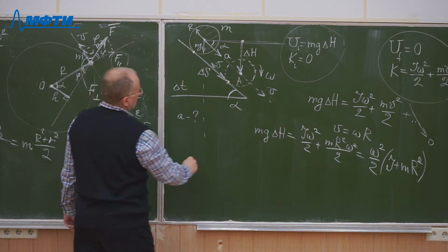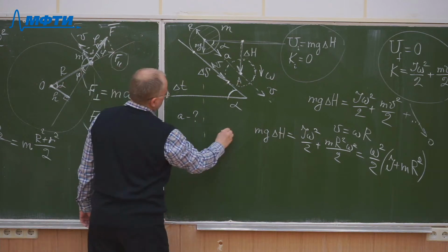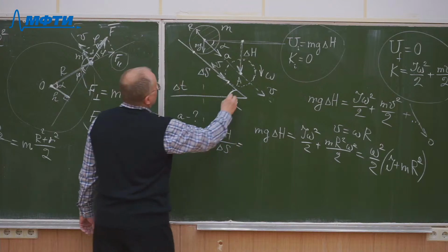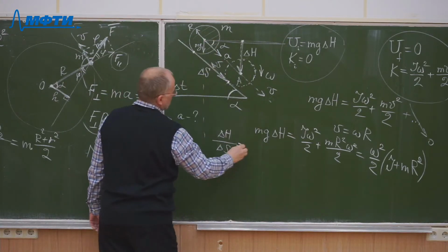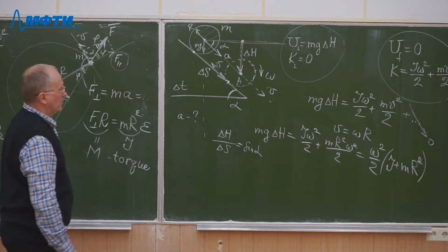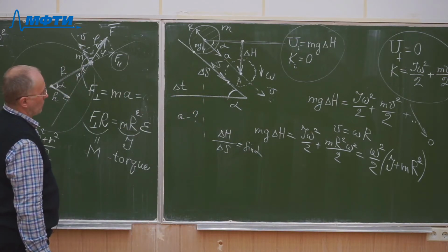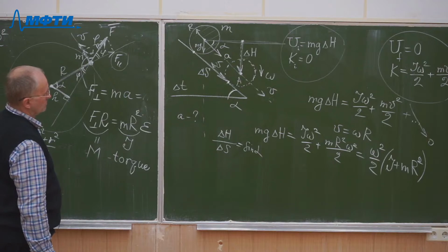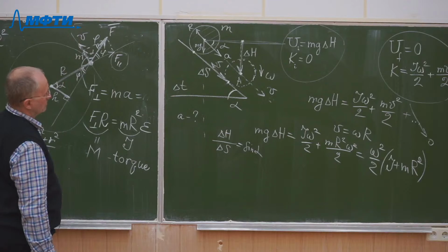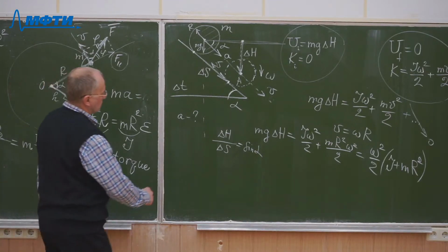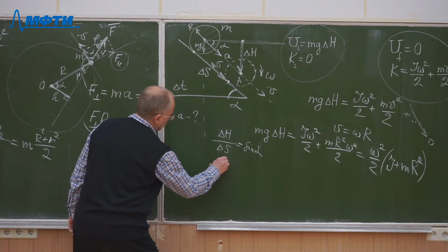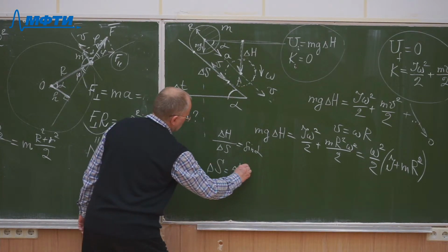So delta H divided by delta S will be sine alpha. And so from here we obtain delta S is delta H over sine alpha.